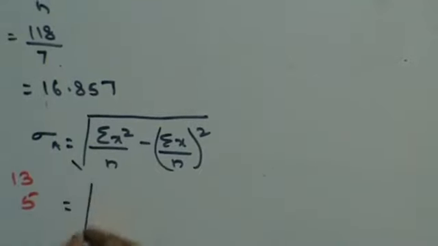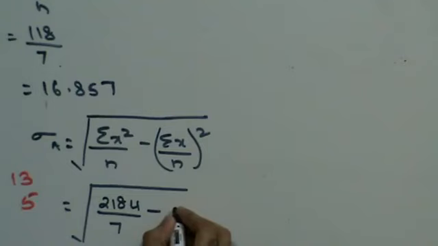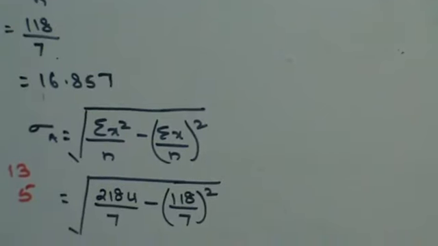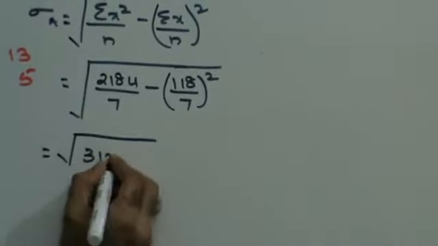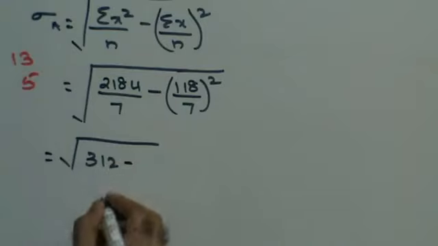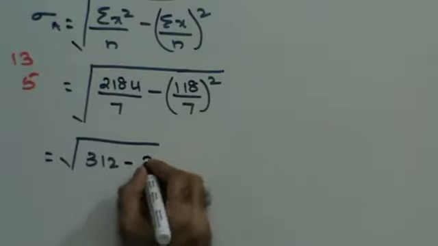So this is going to be square root of sigma x square, that is 2184 divided by 7 minus 118 divided by 7 the whole square. Right? This will work out to square root of 312, that's 2184 divided by 7 minus, when you divide and square this will come to 284.163.